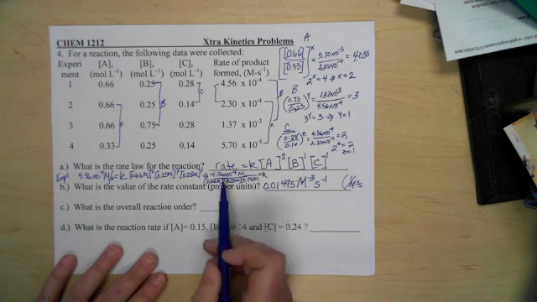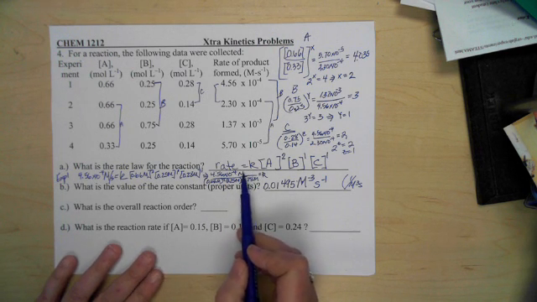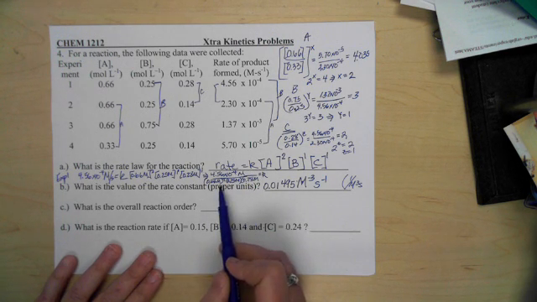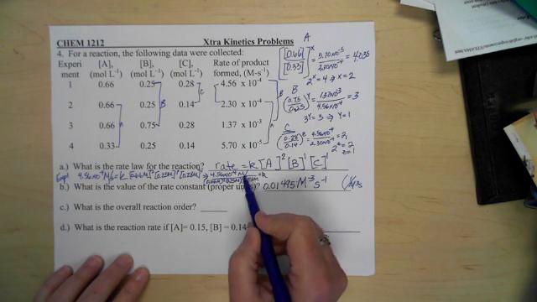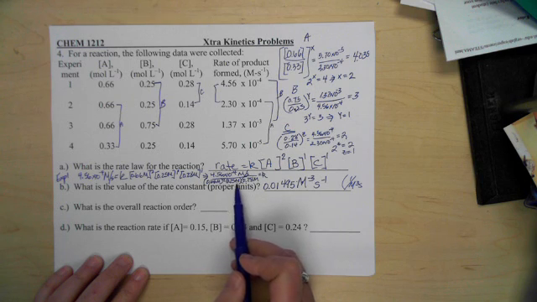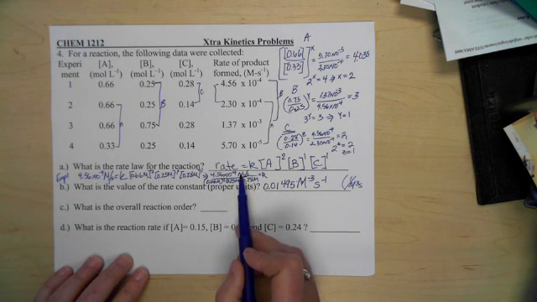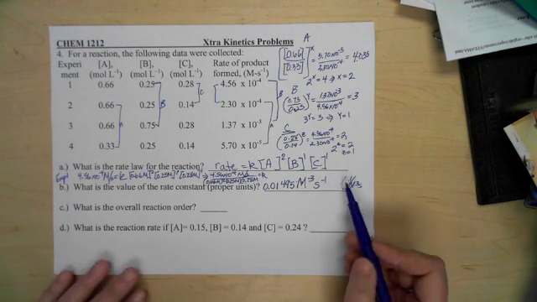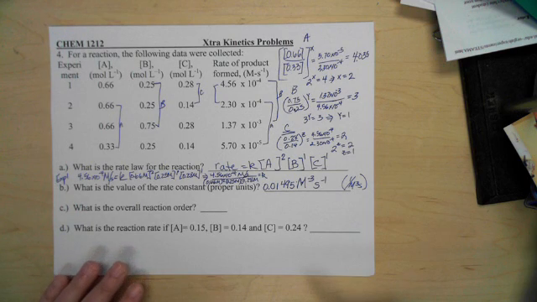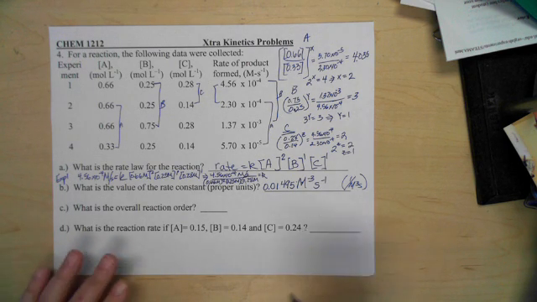So if you look at the math, we use the numbers. If we look at the molarity, we have molarity per second, divided by molarity squared times molarity. So we ended up with molarity to the first divided by molarity to the fourth, which comes out to be molarity to the minus 3. Okay, now it doesn't matter which experiment you work.